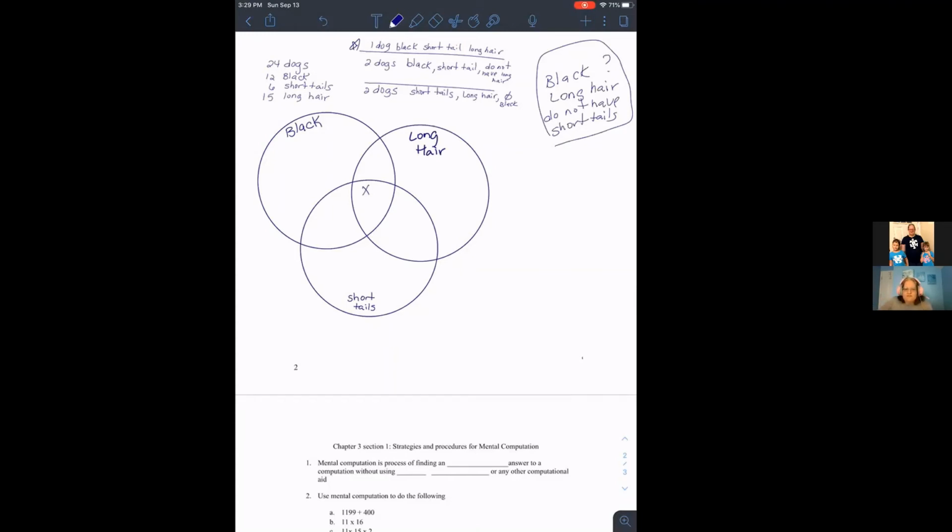And then we have two dogs that are black. They have short tails but do not have long hair. So that means they're common between A and B, so I would put two X's there because that's two dogs.